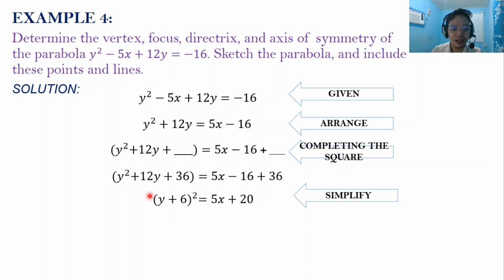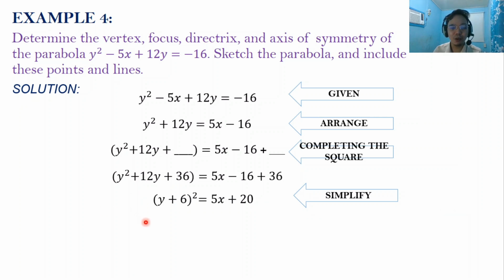Dito ginawang in a form quantity y plus 6 squared. Pag FOIL method natin to, ito dapat ang lalabas. Next, 5x minus 16 plus 36. Ito ang pwede lang natin i-combine is negative 16 plus 36. That is 20. So, we have 5x plus 20.